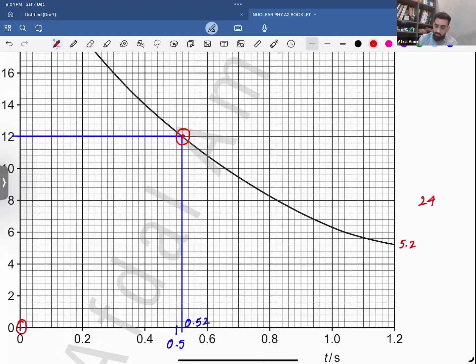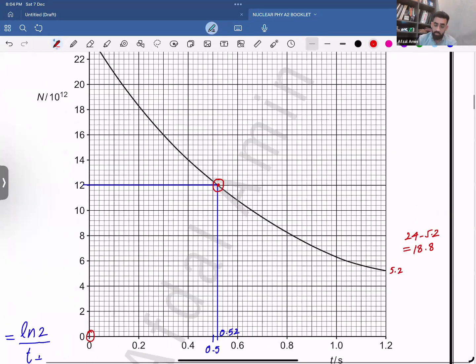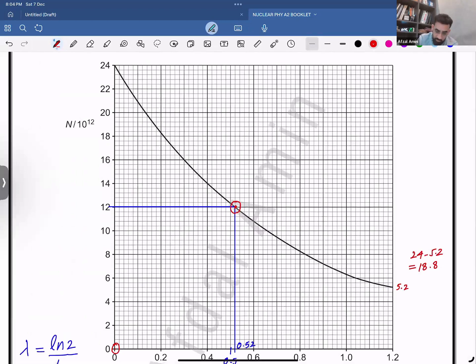So 24 minus 5.2 is 18.8. If you want any more points, you can take them, no problem.